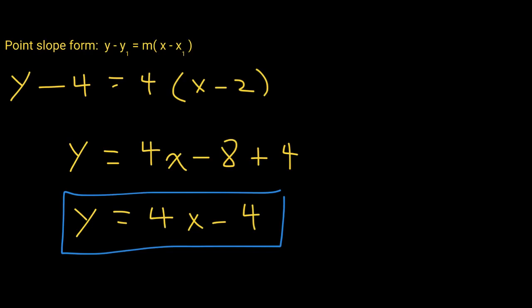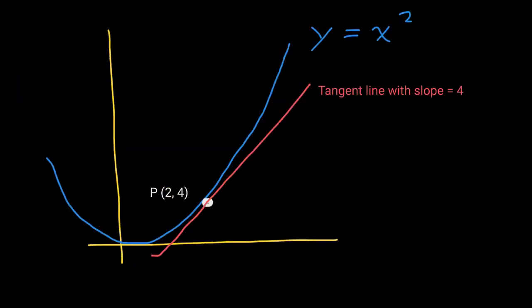Because a lot of us are visual learners, let's draw a quick little sketch of what we did. So this is just a rough sketch. This is our curve y equal to x squared, our parabola, and that function was given, and so was this point 2, 4. And so what you and I did was we used the definition for the average rate of change to calculate the slopes of secant lines.